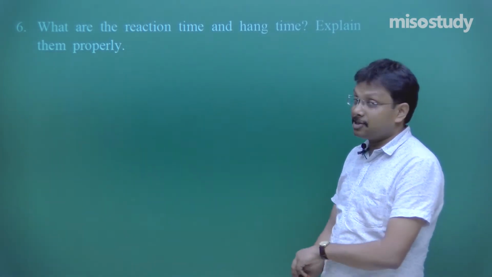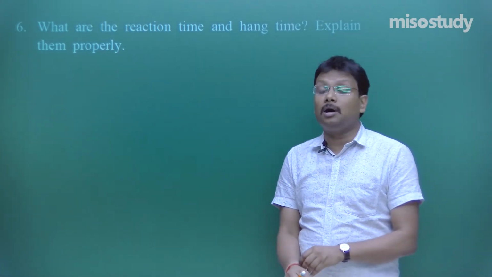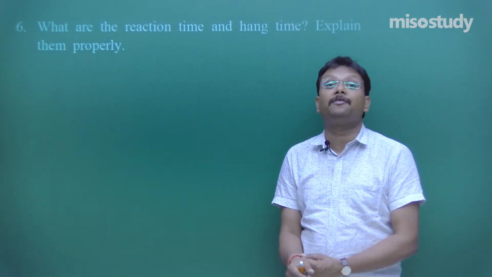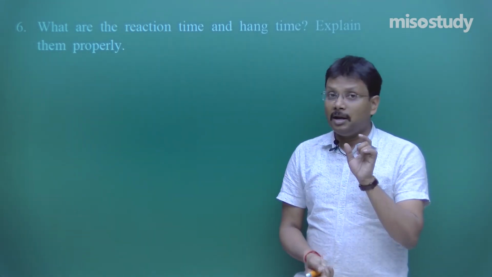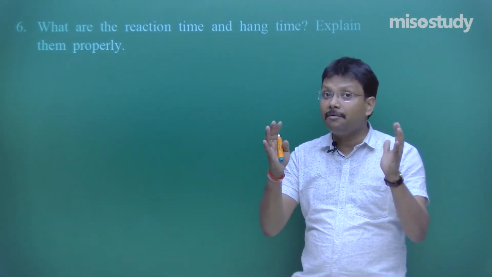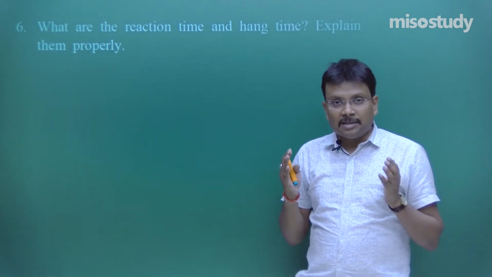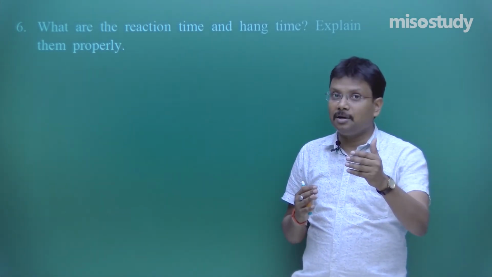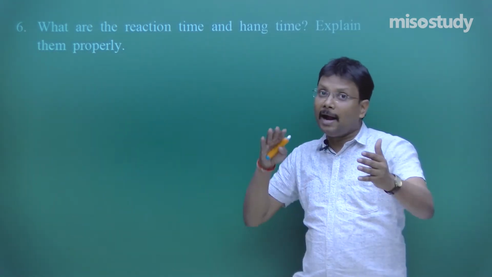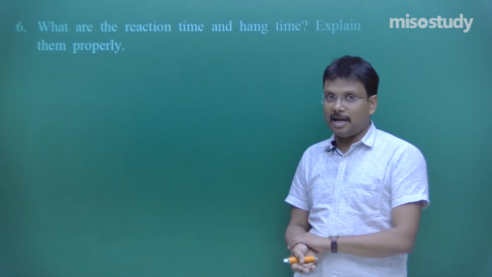What is reaction time? In your book, it is specifically mentioned with an example. Reaction time is, let's say, a person observes an incident. Then the time required by the person in watching and reacting, that is reaction time.